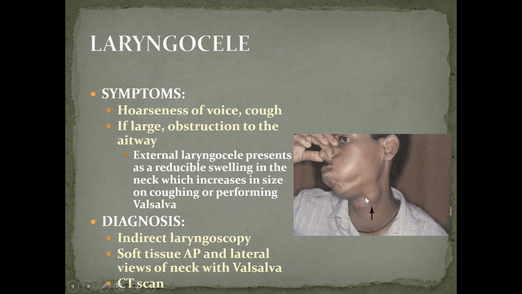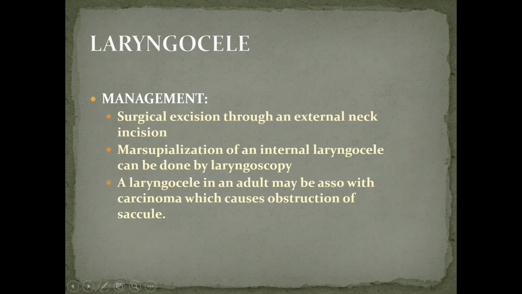We will see the increased size of this laryngocele. You can clearly see this increase in size during this maneuver, so that we can confirm the diagnosis. If the size is increased, it is connected to the larynx.